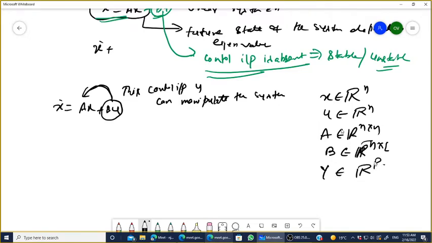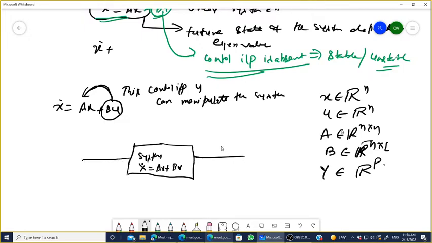Okay. So देखिए, let's say we have a system and the system is defined as x dot is equal to ax plus bu, and whatever the y, what is the y? Anyone can tell me what is the y?